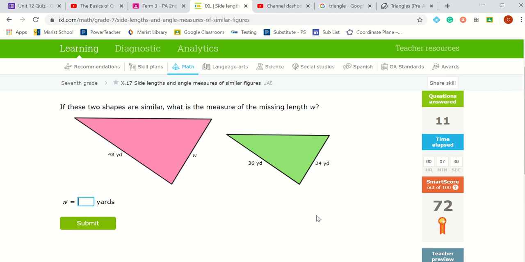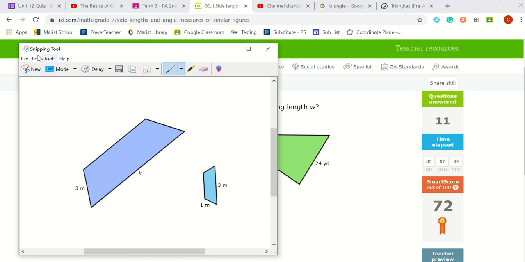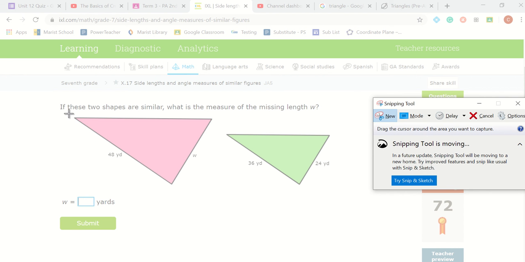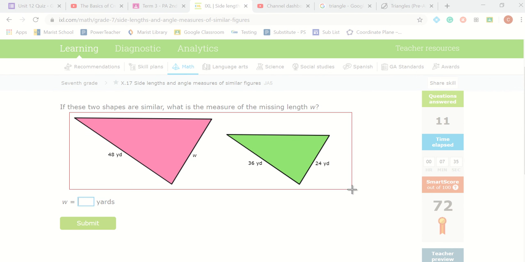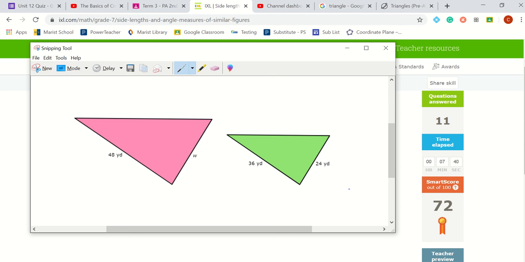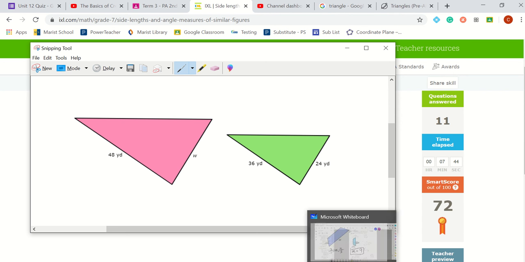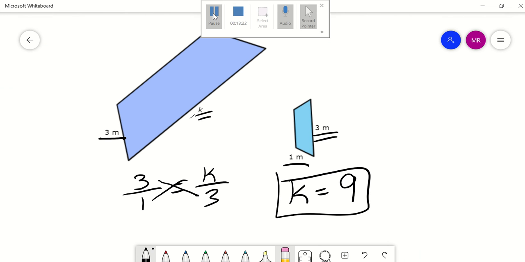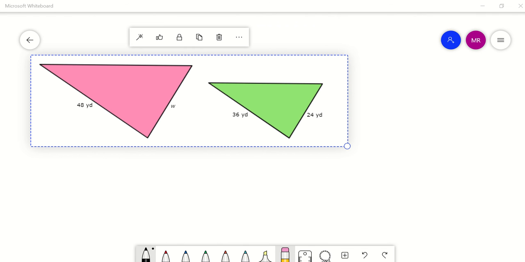If these two shapes are similar, what is the measure of the missing length W? All right, this is one where I am going to cross multiply. You'll probably want to use your calculator on something like this just to be sure you don't make a calculation error. Okay, so let's take a look and try to figure out what corresponds to what.